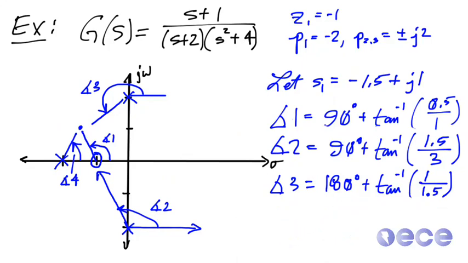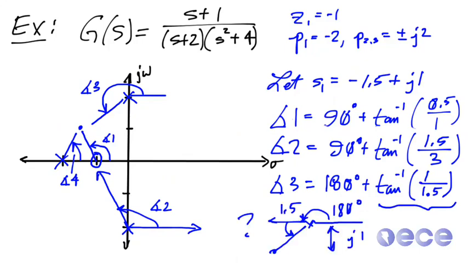And so we can take the 180 degrees that we get from the horizontal line here, and add it to whatever this angle turns out to be, in between the horizon and this vector that goes from our pole directly to the point s1. Again, our height is j1, so that's the opposite part, and the adjacent part is 1.5, so that goes right here. And so now we can calculate angle 3.